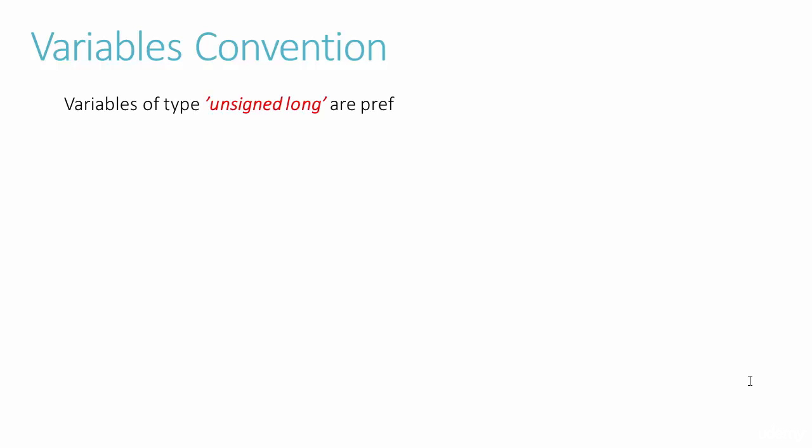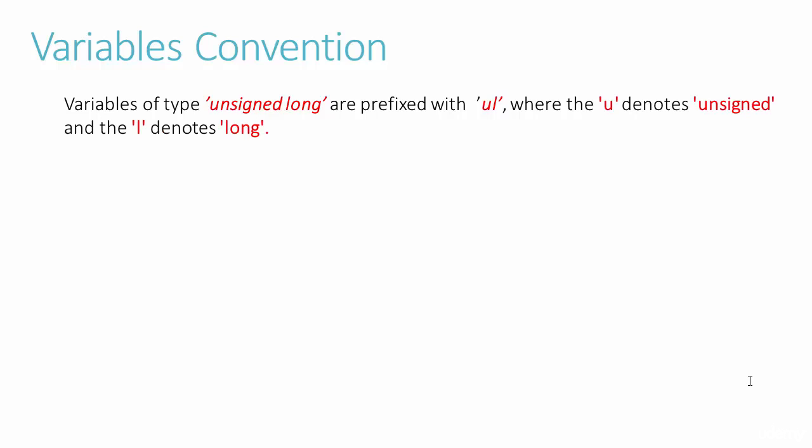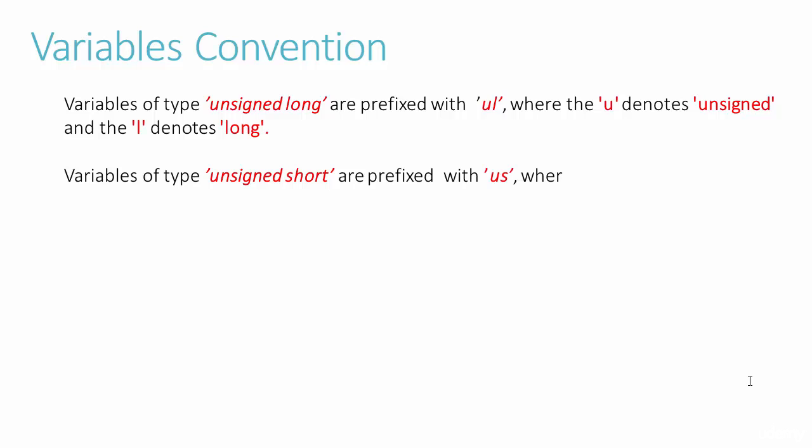Variables of type unsigned long are prefixed with ul, where u denotes unsigned and the letter l denotes long. Variables of type unsigned short are prefixed with us, where u denotes unsigned and the letter s denotes short.